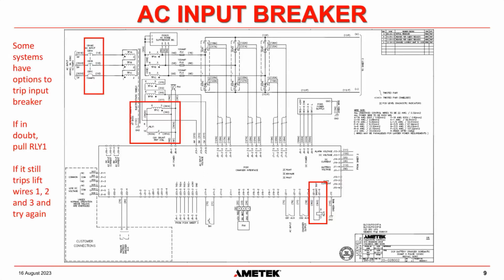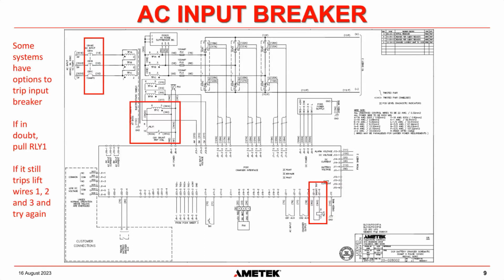And there are systems where you can also trip it for other reasons, whether it's high temperature or something like that. To test that theory, just remember it's only a contact, so it's quite safe to pull RLY1. It will just be an ice cube relay, and pulling it will prevent the CB1 shunt trip coil from actuating.